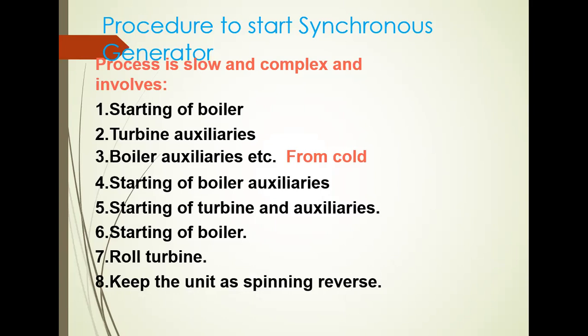At the time, starting of boiler, auxiliaries, starting of turbine and auxiliaries, starting of boiler, roll turbine. These are all the processes needed. Keep the unit spinning in reserve. That means to start the machine from the initial stage, that is from cold.